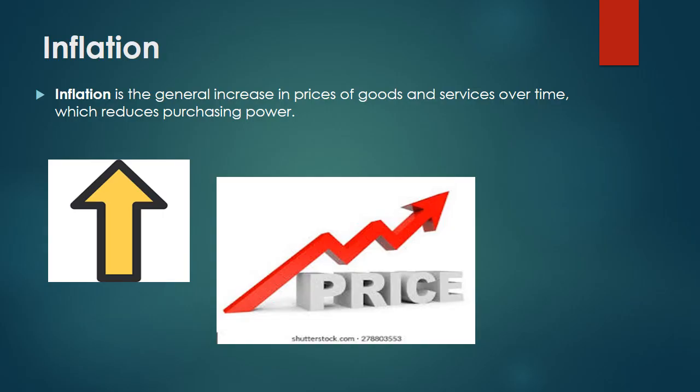We also have cost push inflation, an economic phenomenon where the general price levels rise due to increased costs such as high wages or raw materials. When raw materials increase, the general prices of goods and services will increase.